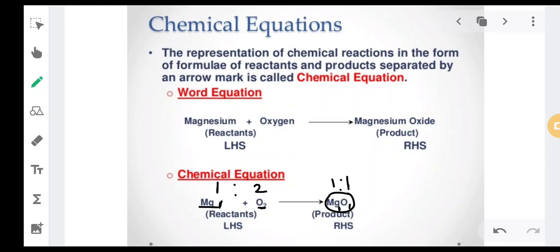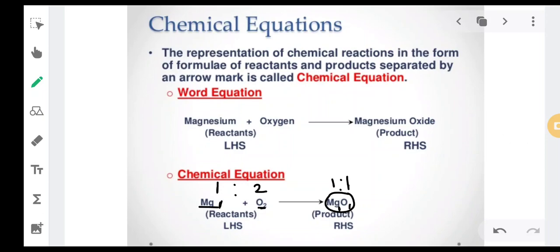In last year's class, that is 9th standard, we had seen the law of conservation of mass. I don't know how many of you remember it. So what does this law of conservation of mass state? In this whole universe, nothing can be created and nothing can be destroyed.